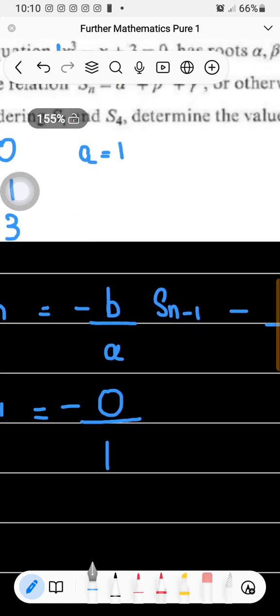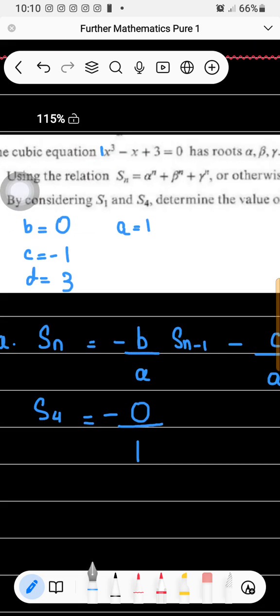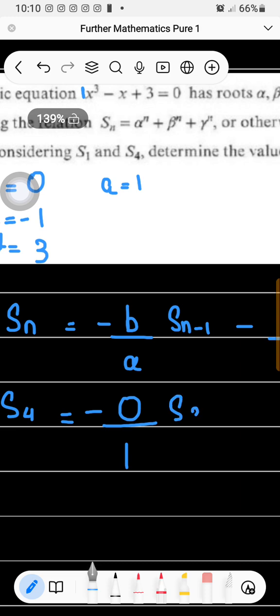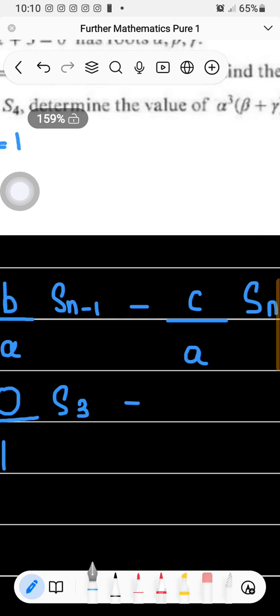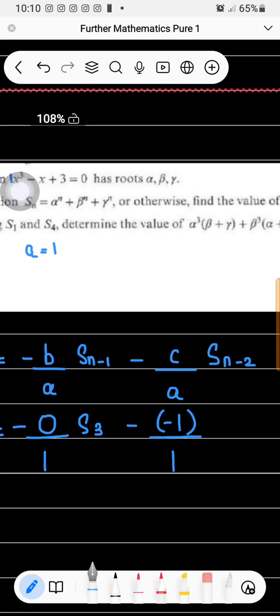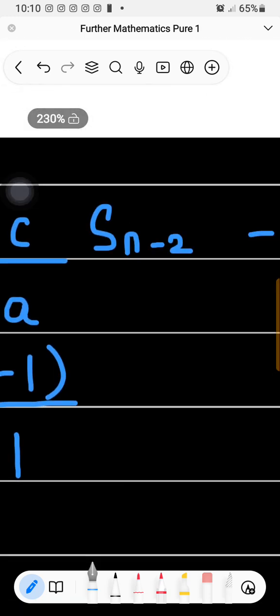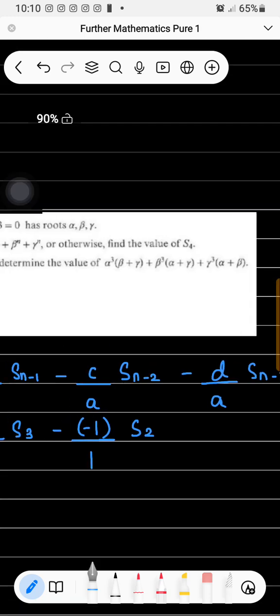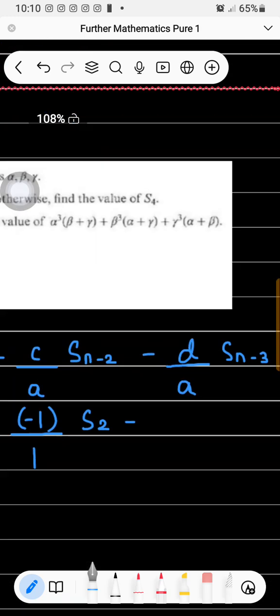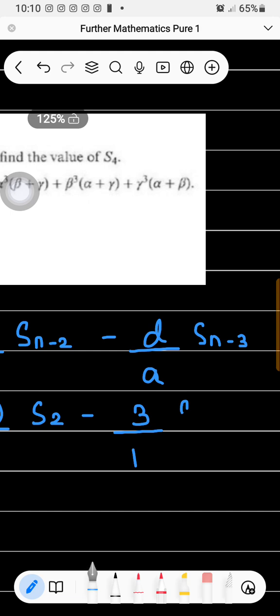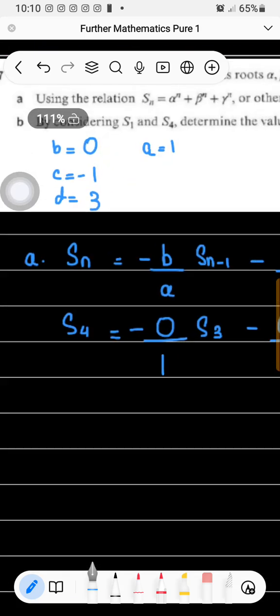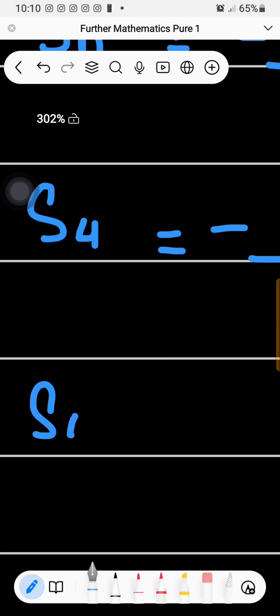So negative 0 upon 1, and Sn minus 1 means S4 minus 1, which is S3, minus c upon a, c is negative 1, a is 1. Sn minus 2 means S4 minus 2, which is S2, then minus d upon a, d is 3, minus 3 upon 1, and S4 minus 3 means S1. Okay, we will get our formula for this part.